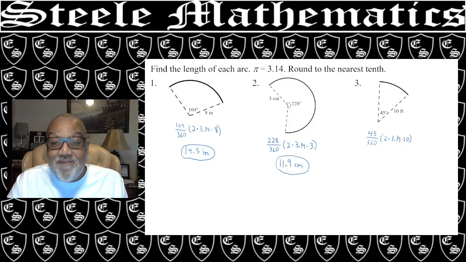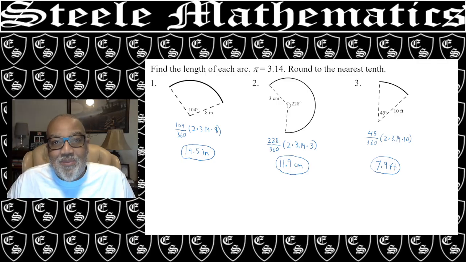So we go 45 divided by 360 times 2 times 3.14 times 10. And you'll get 7.9 feet. All right, so that was the example of how to find the length of the arc.